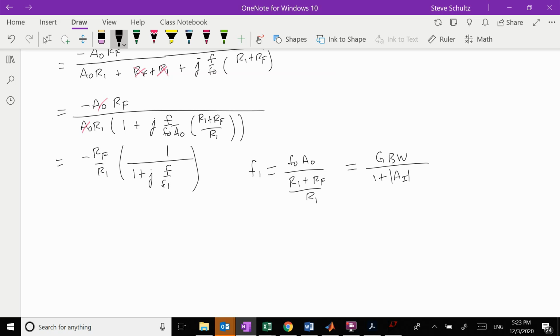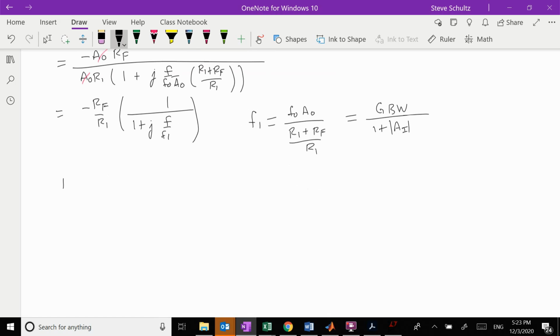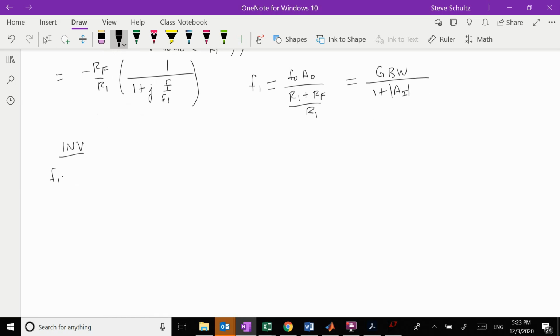Okay, so what we see here is if we compare our inverting and non-inverting: with our inverting, our f1 was equal to the gain bandwidth divided by our single stage gain, times 1 plus. And for the non-inverting, we had f1 equal to the gain bandwidth divided by the single stage gain. So you see they're pretty close.